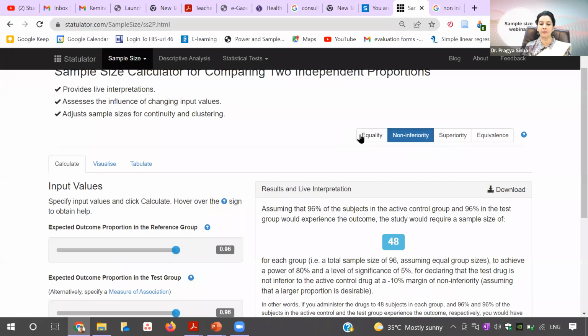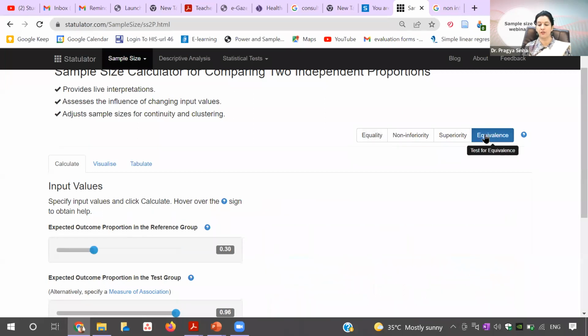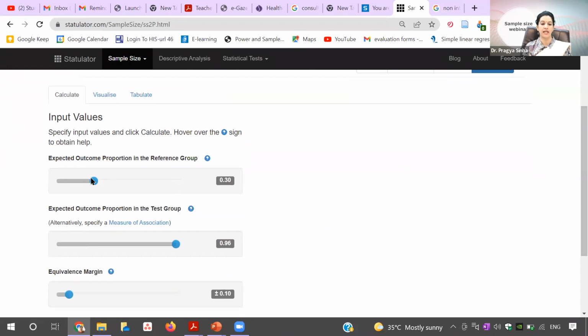So what many people do, instead of this non-inferiority, they calculate the sample size either on equality or on equivalence. So if you click this equivalence, I will show you the equivalence also, and expected outcome is 0.96. So 90, so it will be 0.90 here.